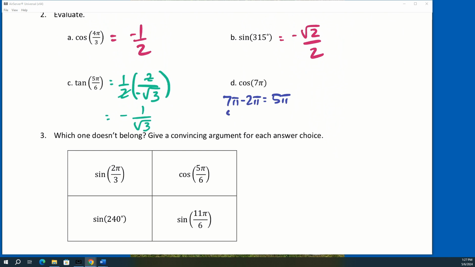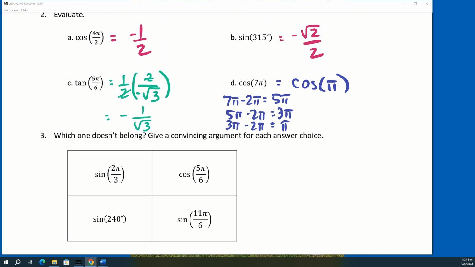No. So we'll subtract 2 pi again and we get 3 pi. It's still not on the unit circle, so subtract again and get pi. Is pi on the unit circle? Yeah. So the cosine of 7 pi is the same as the cosine of pi, because 7 pi is going all the way around 3 times and then going to pi and stopping.